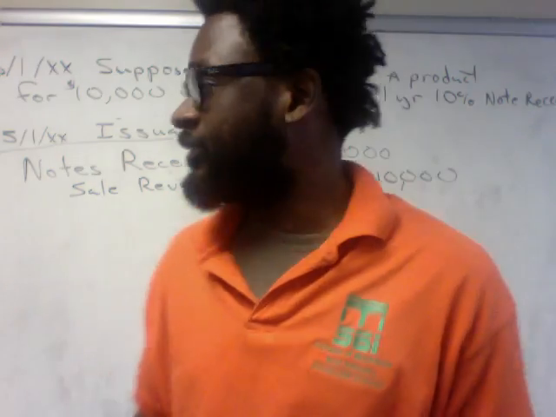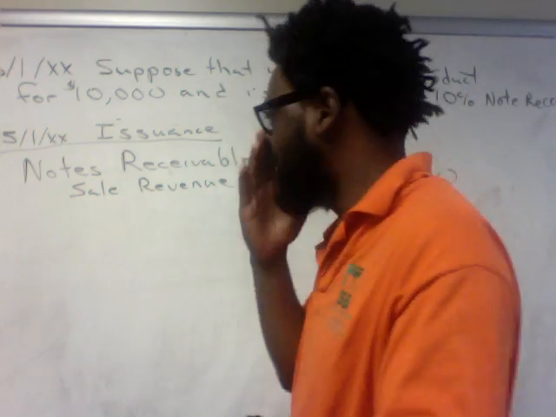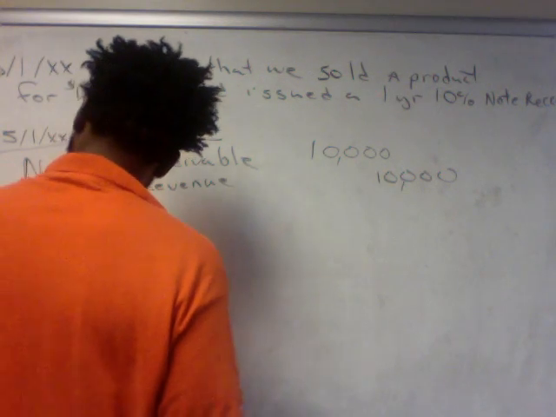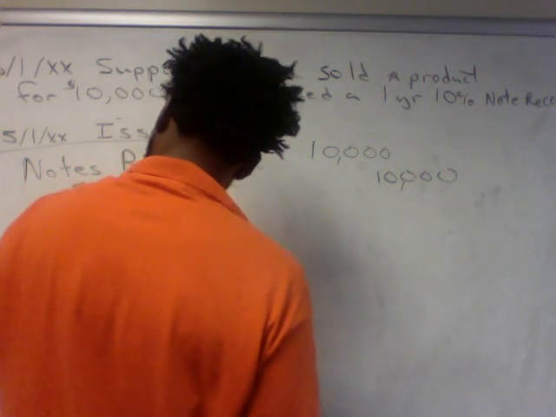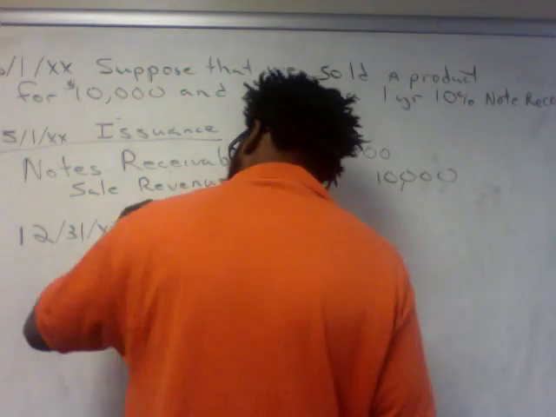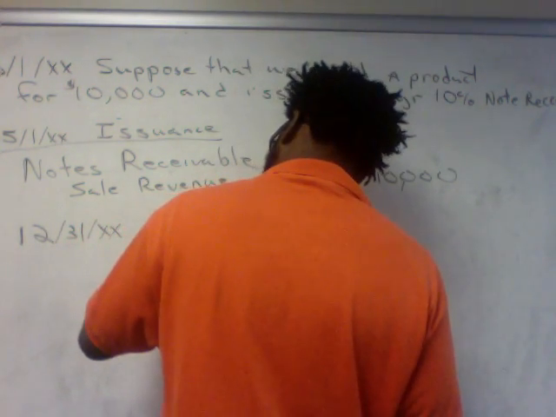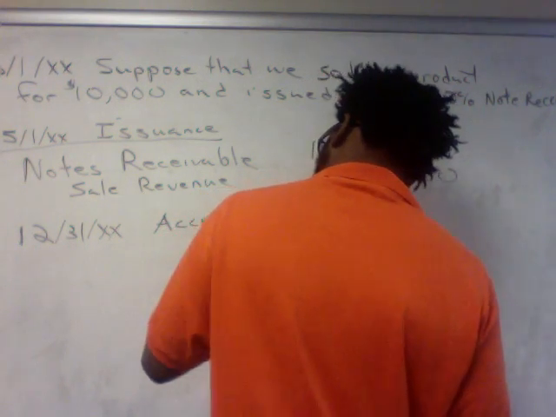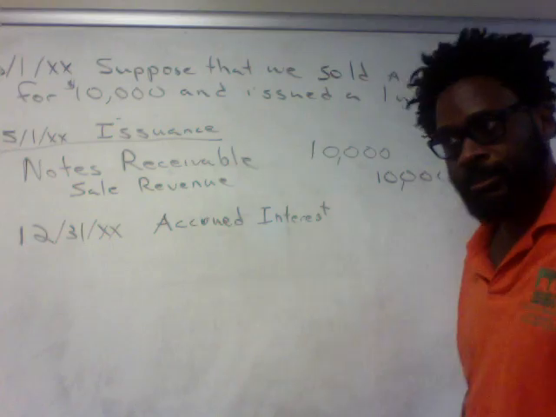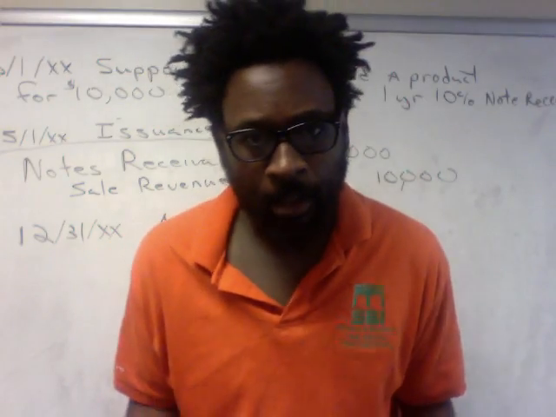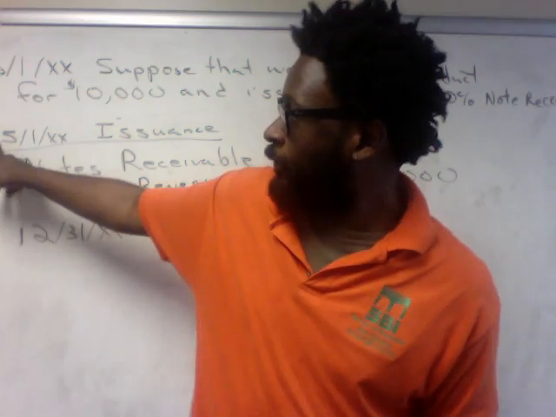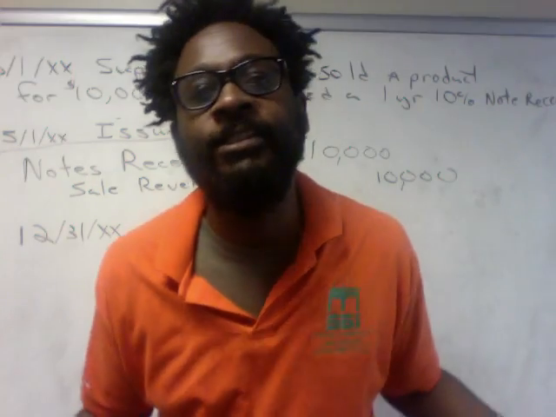And so at the end of the year, December 31st, when it's time to generate our adjustments, we have an accrued revenue that we have to account for. We really do, right? We have to account for that interest because we're receiving interest the following year, but we have some interest revenue that was earned this year from May to December, and we haven't received it.